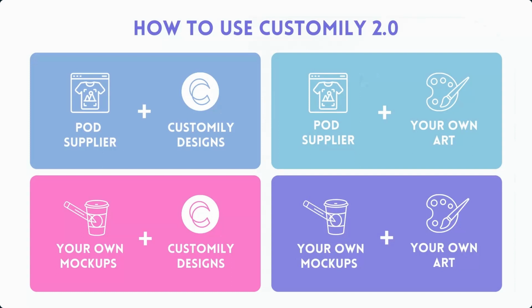So instead of creating the listing, creating the template, connecting everything together inside Customily, you can have a product base, your own mockup, like a mousepad, a tumbler, or whatever that you will later combine with different designs.